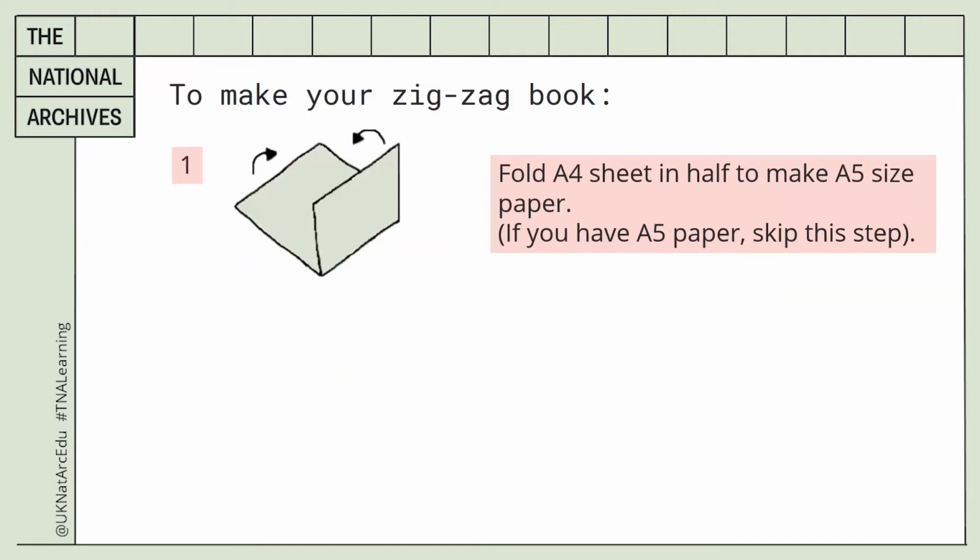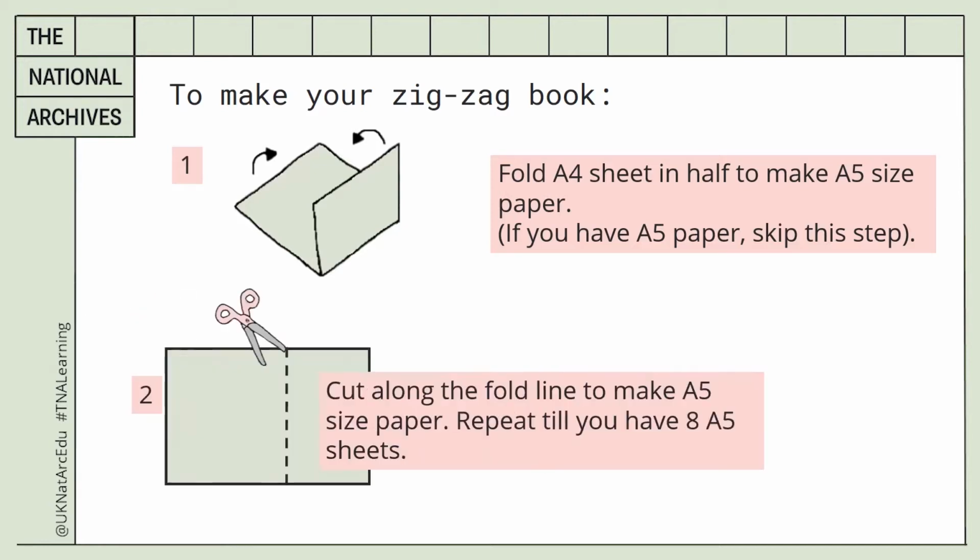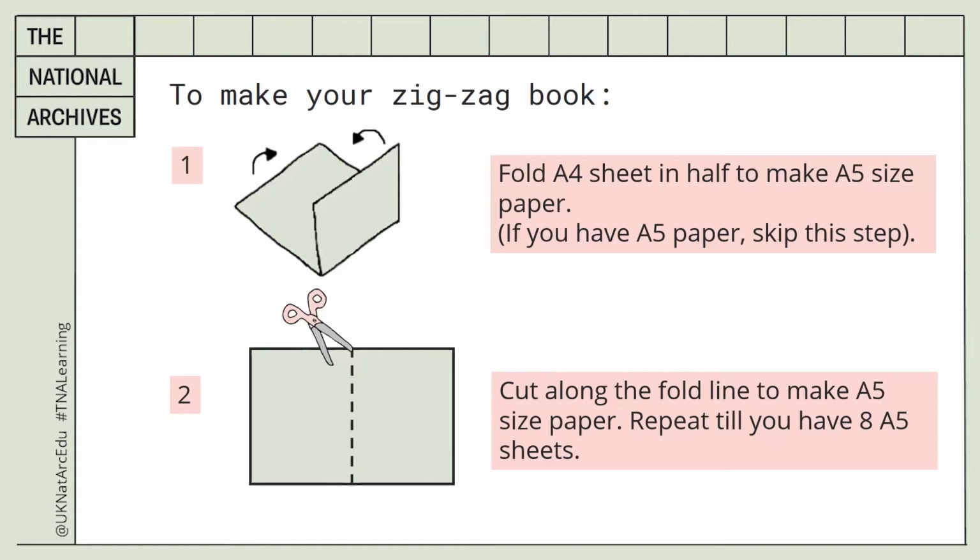Fold 1 A4 sheet in half to make A5 sized paper. Step 2. Cut along the fold line to make 2 separate sheets of A5 paper. Repeat both of these steps on all A4 sheets until you have 8 A5 sheets.